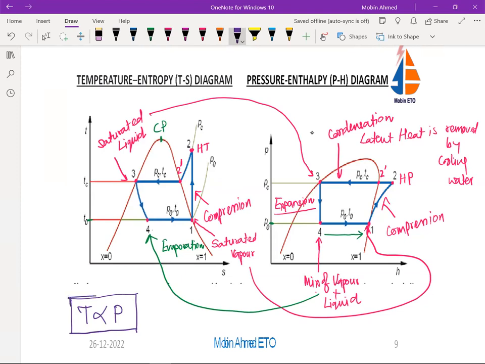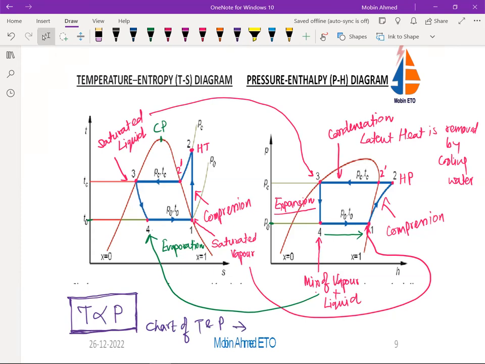Remember this. If you want to see the chart of temperature and pressure, whatever refrigerant you are going to use, generally on board ships, what we use.